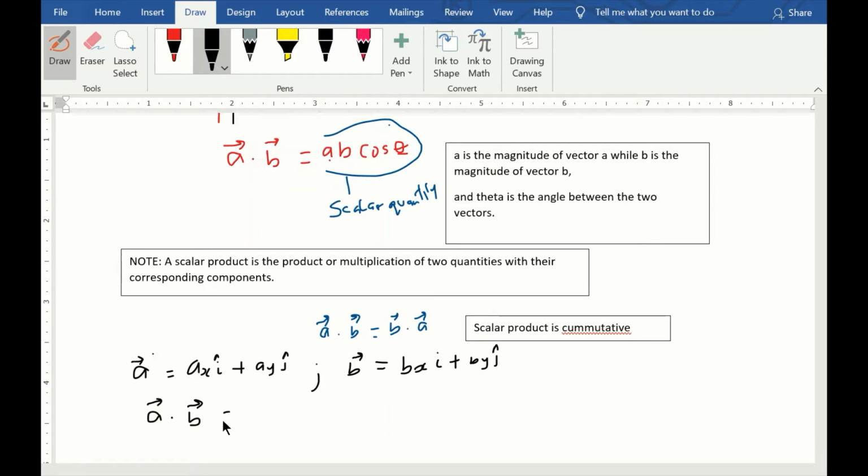Step one, I will multiply the x components first. So it will be AX BX. Are we seeing that? Plus the y component becomes what?